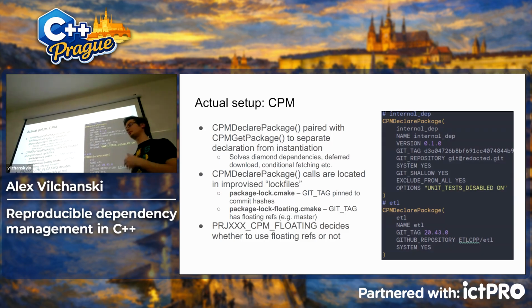So if you want to use floating refs, and you've pushed something somewhere, and you actually want your project to always fetch those changes, then you need to set those few FetchContent variables to off. I don't remember exactly, but I think something like full disconnected and update disconnected.